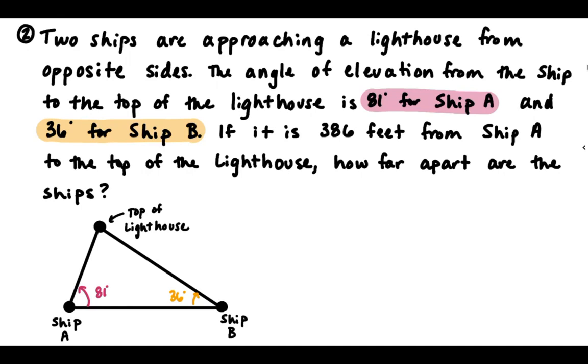What else are we given? We know that it's 386 feet from ship A to the top of the lighthouse. That's opposite our yellow angle, so I'm going to label that side in yellow so we know those two go together. So this side of the triangle is 386 feet.